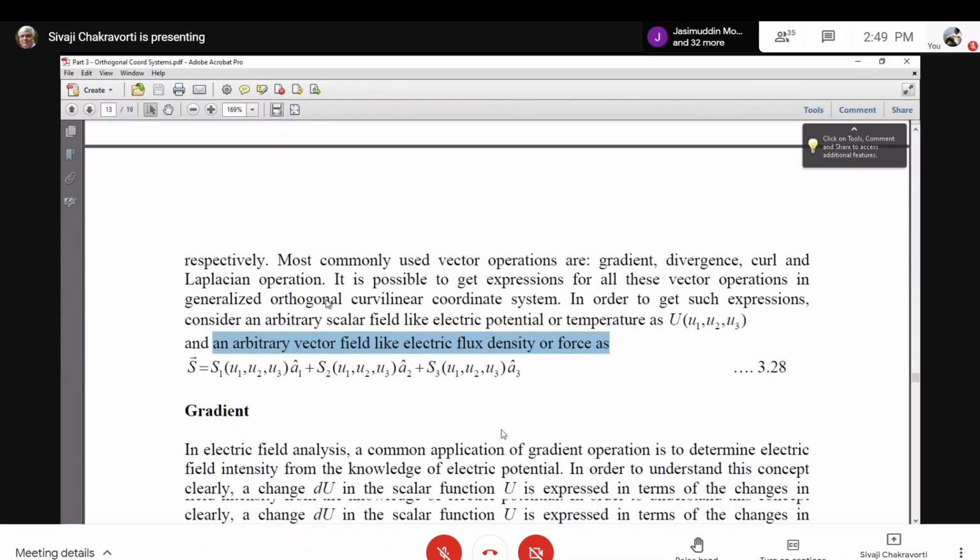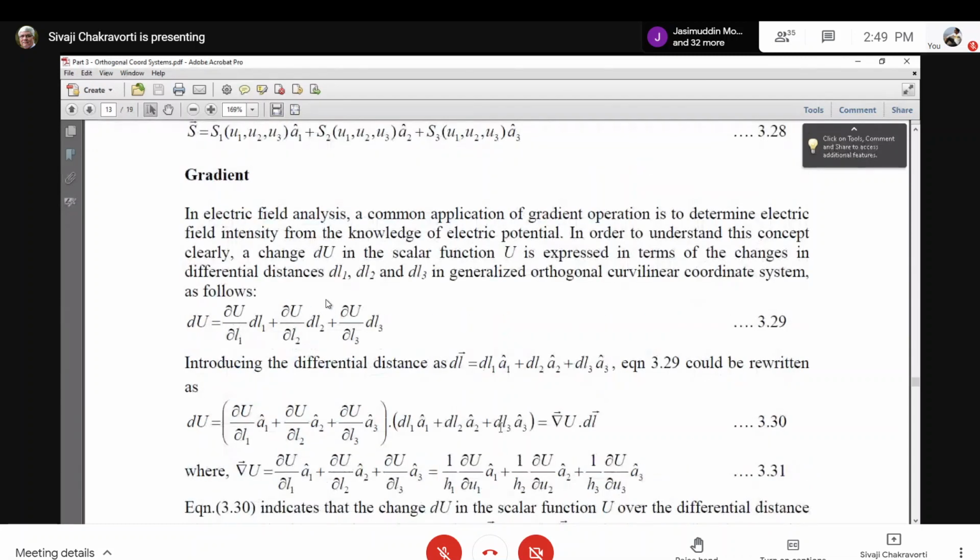vectors. Let us now look into gradient closely. Particularly, say, electric field: a common application is that we take the gradient operation, whereby electric field intensity is obtained from electric potential.